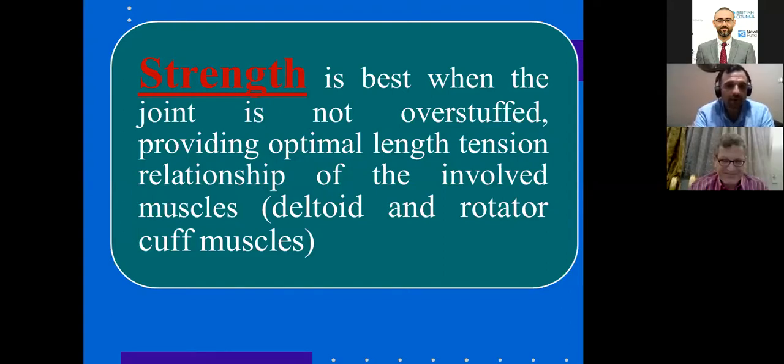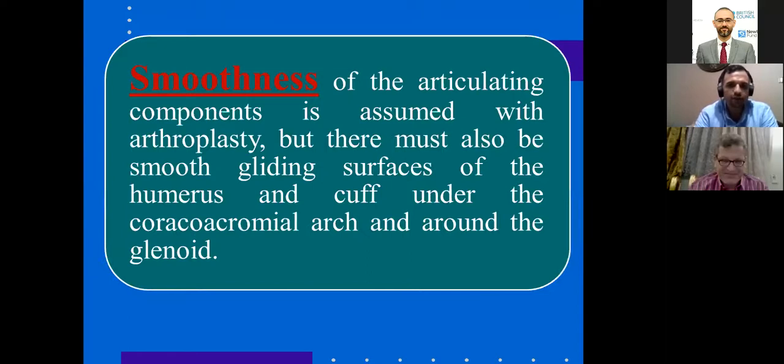So in order to maintain the length to avoid deltoid overtension, and the rotation and the retroversion to avoid overtension of the rotator cuff muscles. Smoothness of the articulating component is assumed with arthroplasty, but there must also be smooth gliding surfaces of the humerus and the cuff under the coracoacromial arch and around the glenoid.